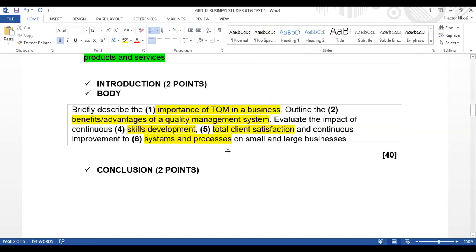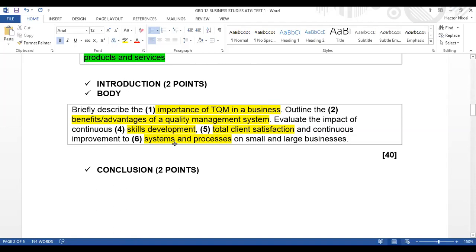And you see how I've analyzed my question. I've got 2 points for intro, 2 points for conclusion, right? And the rest is the body. That's basically what your essay entails. That's where the 36 marks is coming from. That's where you must have 36 points amongst each of these.